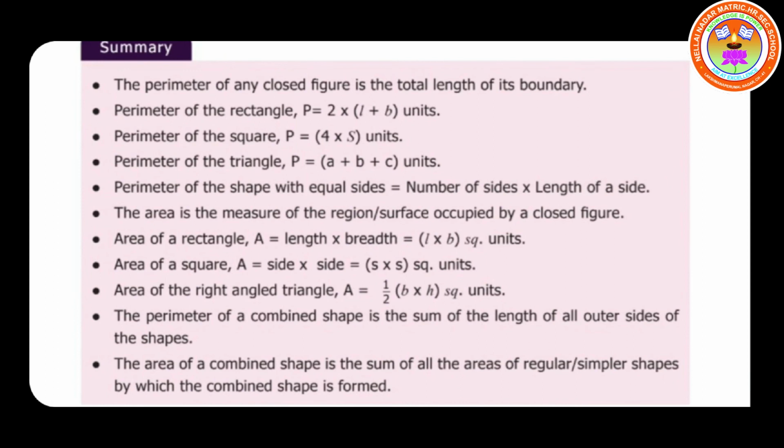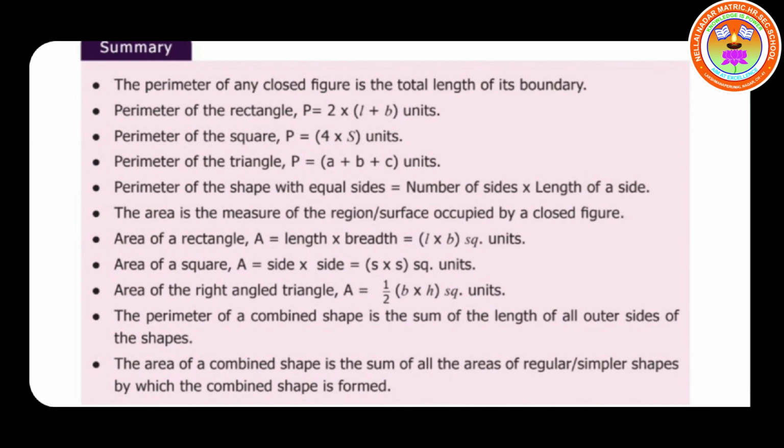Next, let us move on to area. The area is the measure of the region or surface occupied by a closed figure. The area of the rectangle A is equal to length into breadth, that is L into B square units. The area of a square A is equal to side into side, S into S square units. For area, square units.